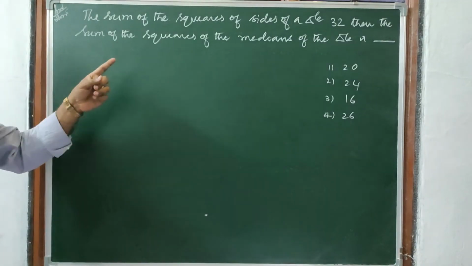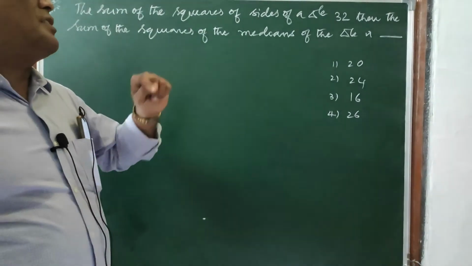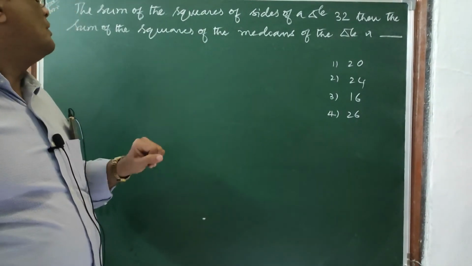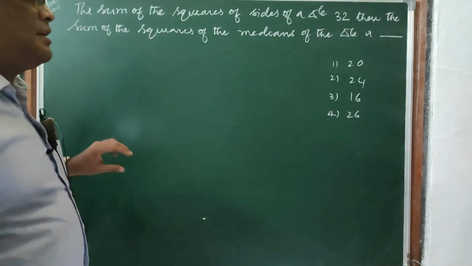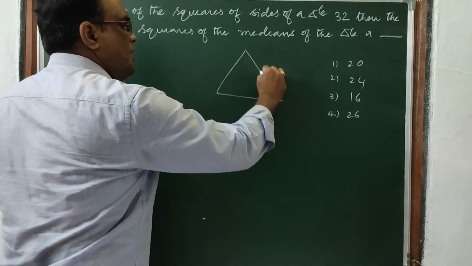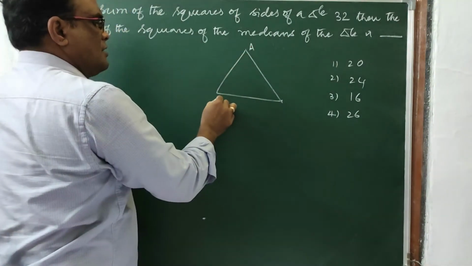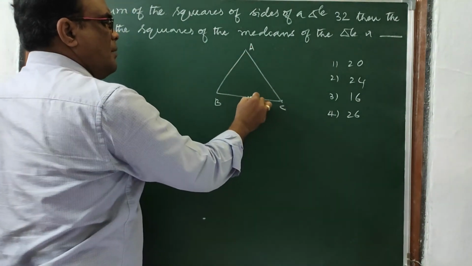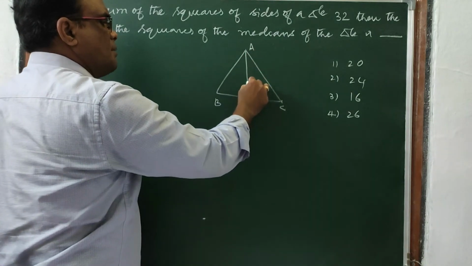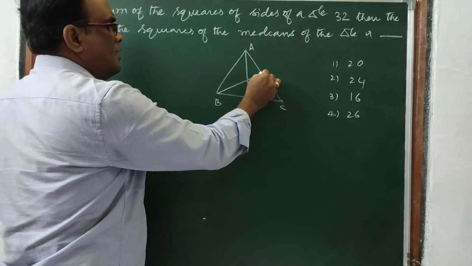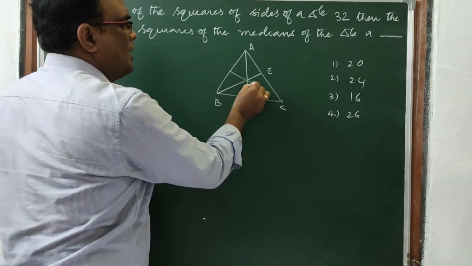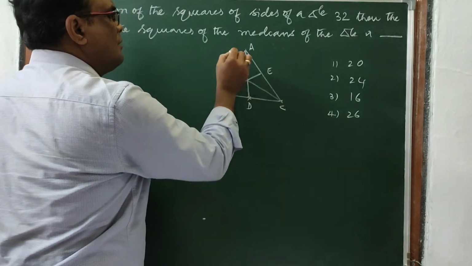The sum of the squares of the sides of a triangle is 32. Then the sum of the squares of the medians of the triangle is. Median is the line joining the midpoint of one side and its opposite vertex is the median. So AD, BE and CF are the medians.